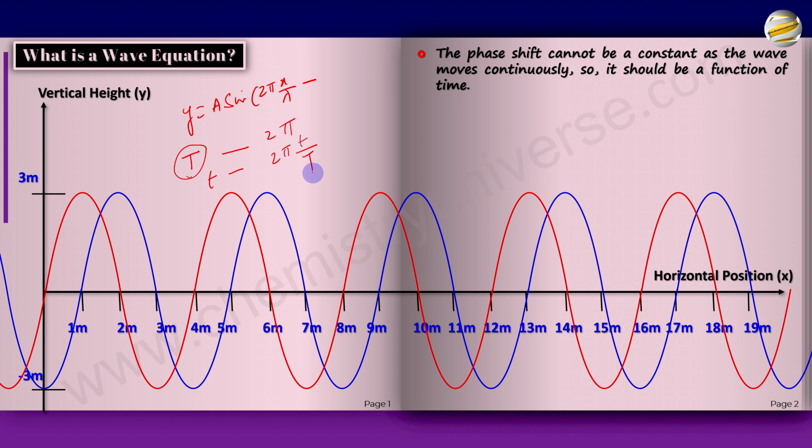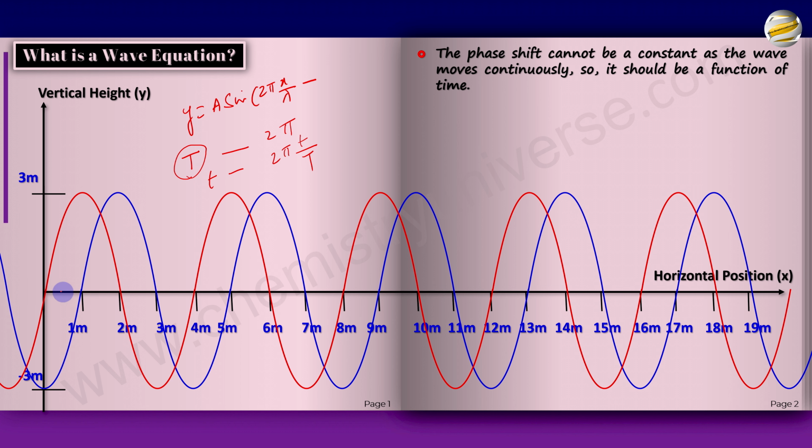Which means if the red graph were the graph at the beginning, when t is 0, then definitely it will be the red graph, right? But after a certain amount of time, this red graph must have moved by a certain distance.